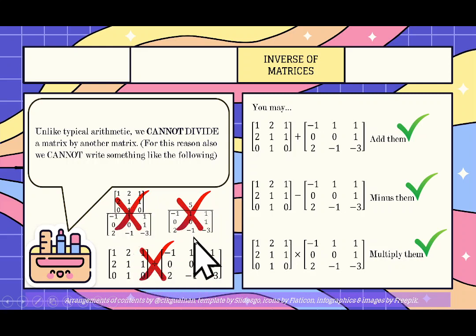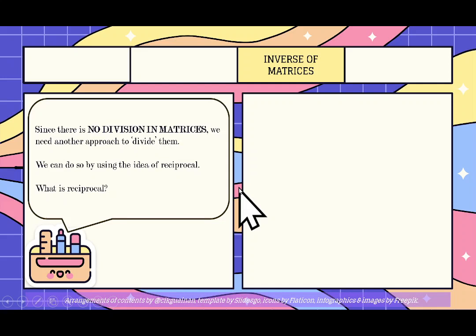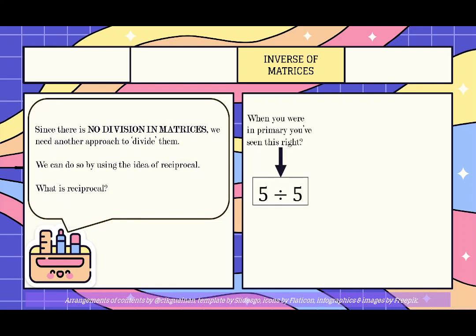It's a no-no. So what do we have to do? We need another approach. We can use the idea of reciprocal. Back in primary school, we know that 5 divided by 5, and then we can rewrite this expression as 5 multiplied by 1 over 5.